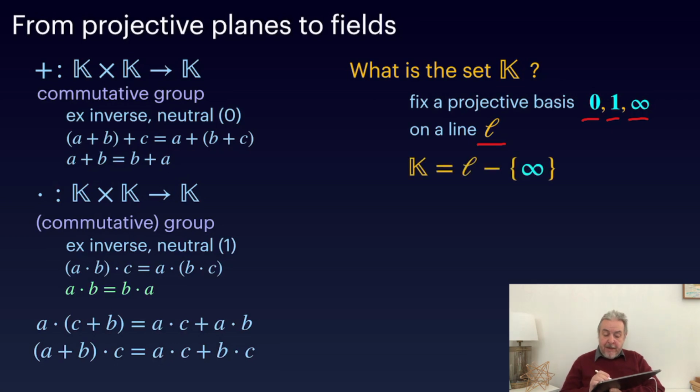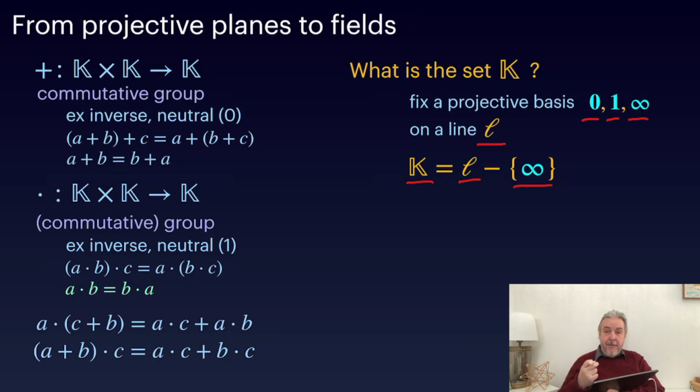So our set that we will have in our field will be the points on that line, and we take away this point that we labeled to be the infinite point. So this will be perhaps the first thing that you have to digest here.